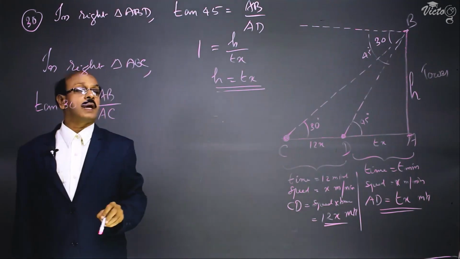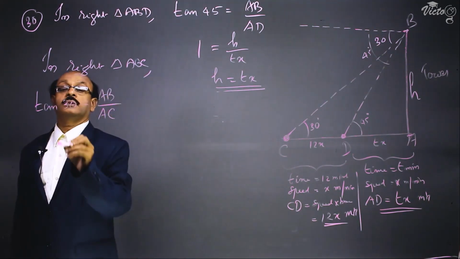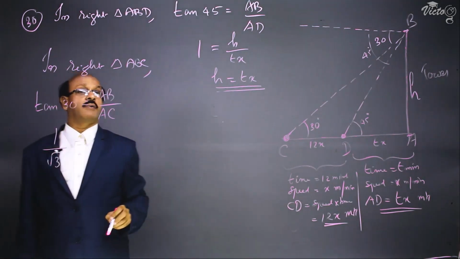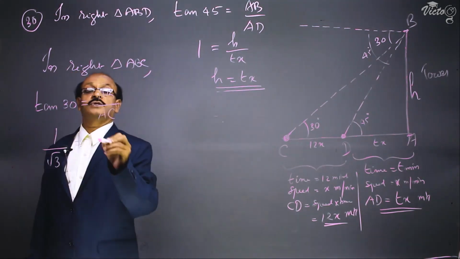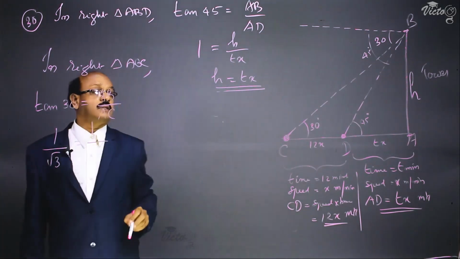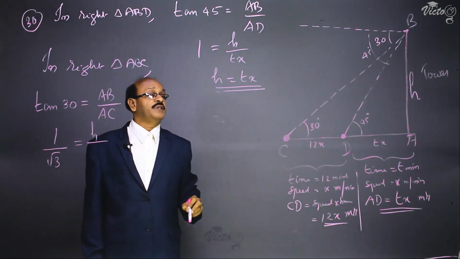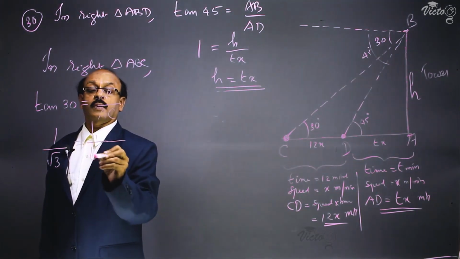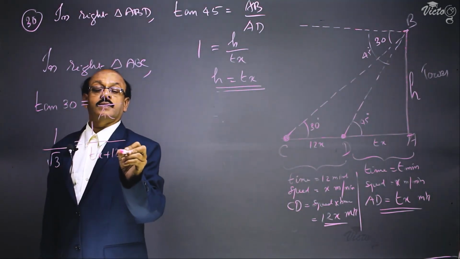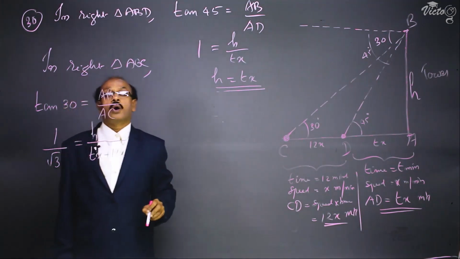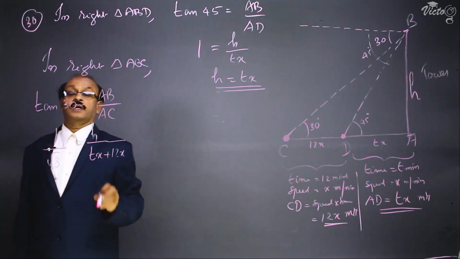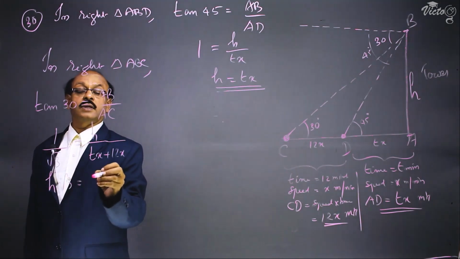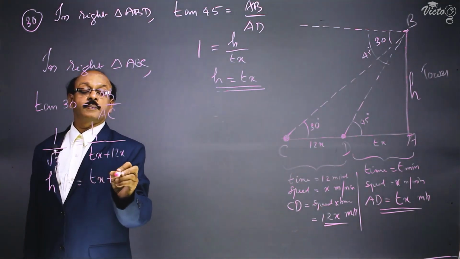Giving values, tan 30 is equal to 1 by root 3. 1 by root 3 is equal to AB, which is h, by AC, which is tx plus 12x. On cross multiplication, we are getting h root 3 is equal to tx plus 12x.